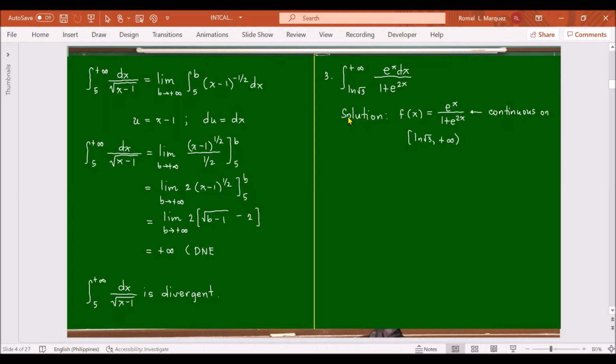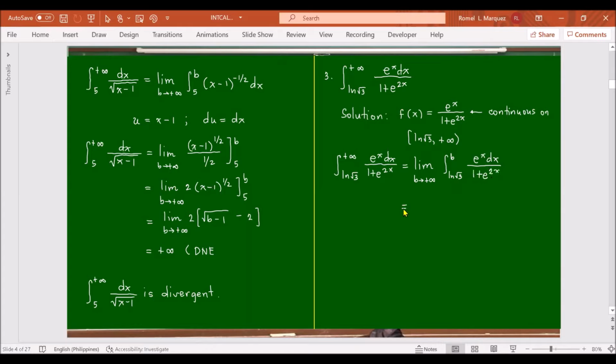So this integral from ln square root of 3 to positive infinity of e to the x dx over 1 plus e to the 2x is equal to the limit as b approaches positive infinity of the integral from ln square root of 3 to b of e to the x dx over 1 plus e to the 2x.